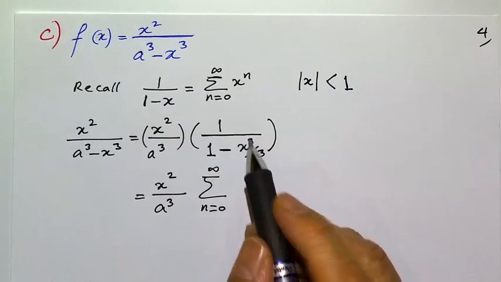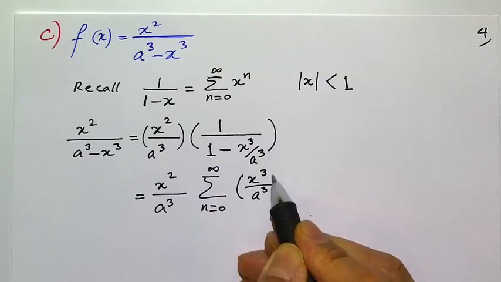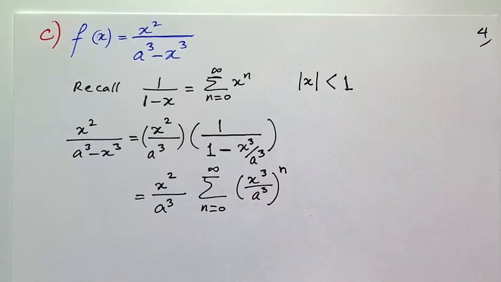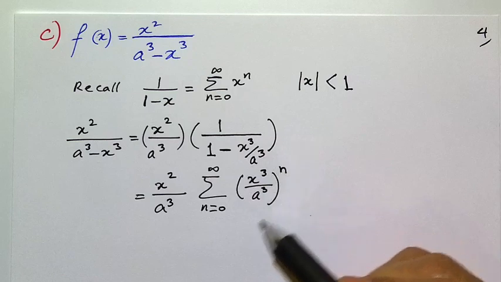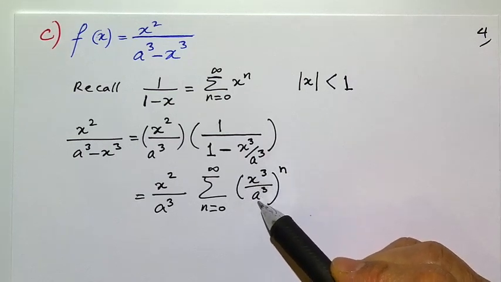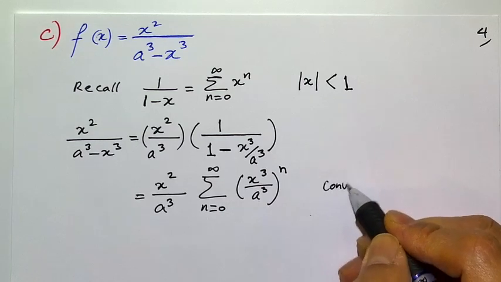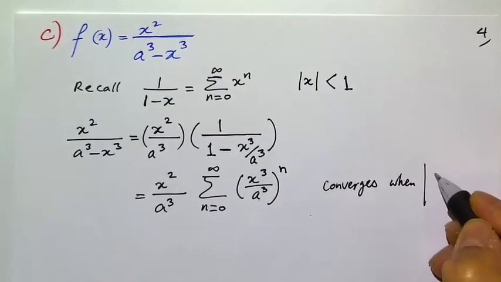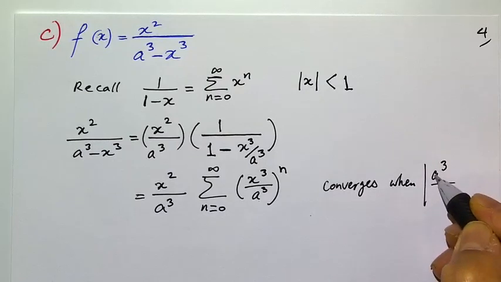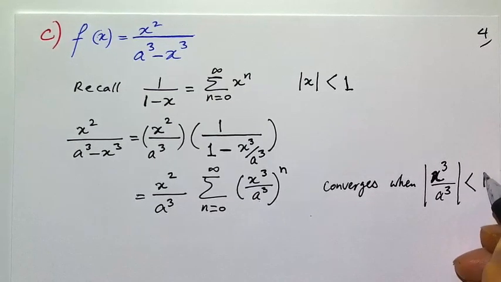And then, of course, instead of x, we have x cubed divided by a cubed to n power. So now this is going to converge as absolute value of x cubed over a cubed is less than 1. Right? So converges when the absolute value of x cubed over a cubed is less than 1.